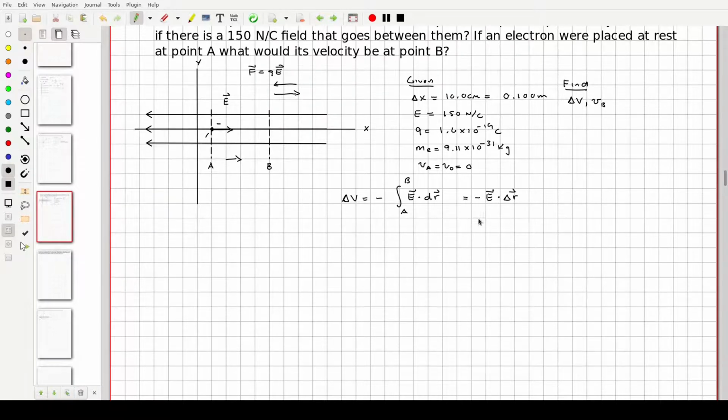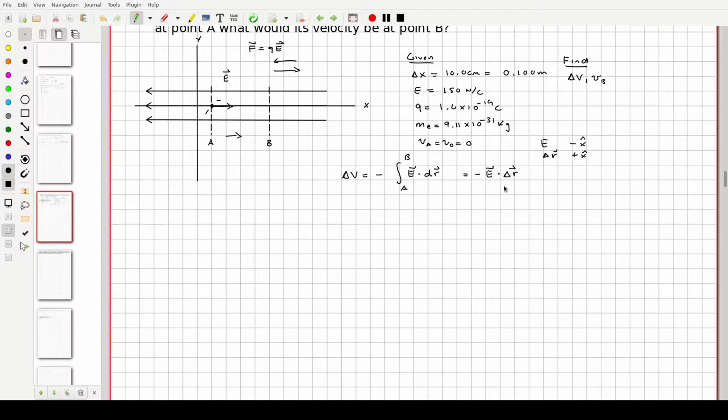Okay? So delta R is going to be delta X, X hat. What you have here is an electric field that points in the negative X hat direction. It points this way. But you have a displacement that points in the positive X hat direction. So when you do the dot product here, you get a positive number.